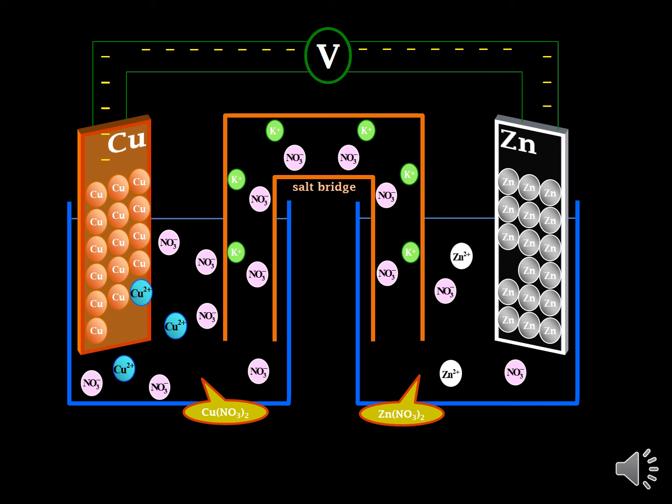Here the copper ion on the copper electrode is gaining 2 electrons coming from the zinc electrode. And after gaining 2 electrons, it is converted into copper metal, as shown in the equation.